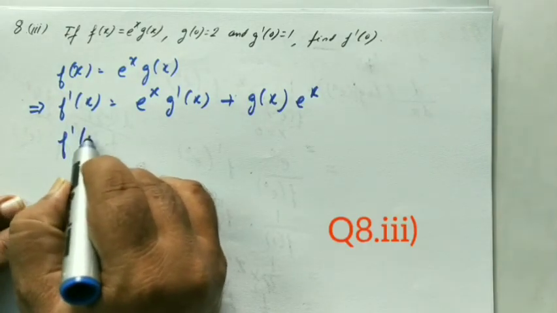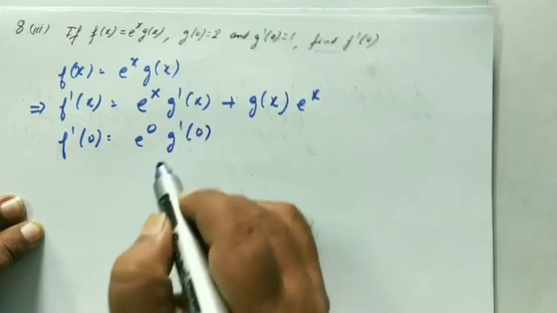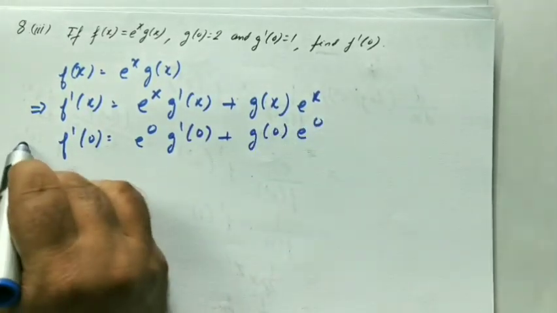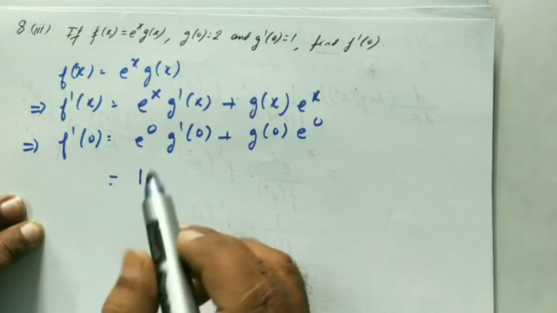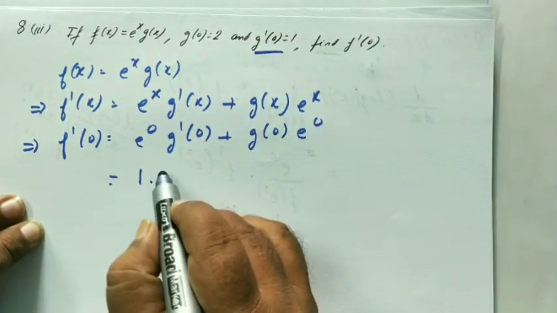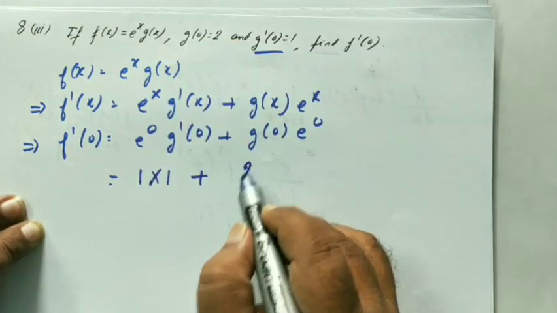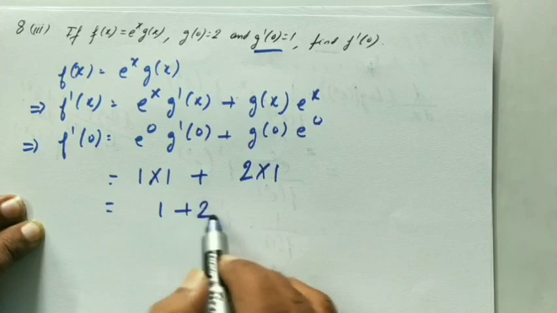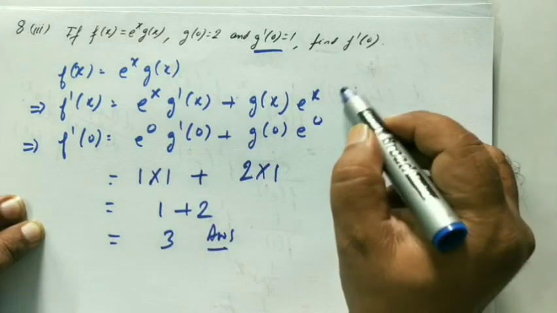Now f dash 0 is e to the power 0 g dash 0 plus this is 1, g dash 0 is 1 plus g(0) is 2 and e to the power 0 is 1. It is 1 plus 2. This is the answer. So here we are going to use the product rule.